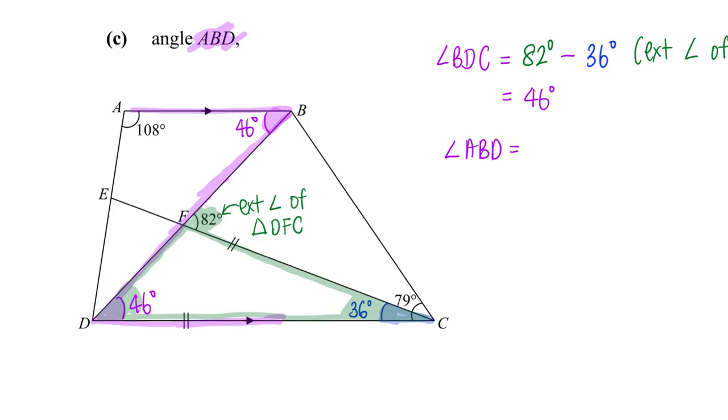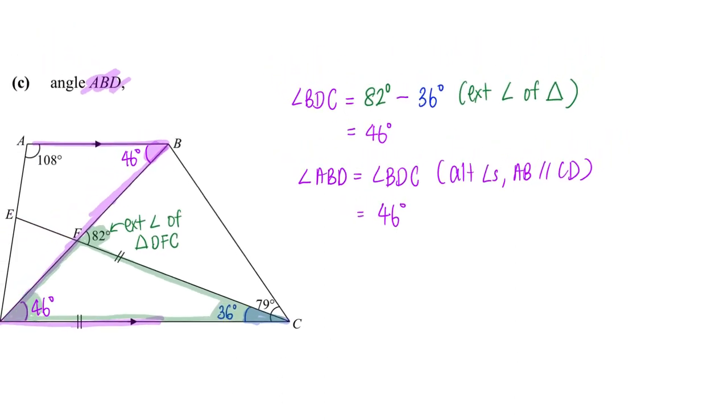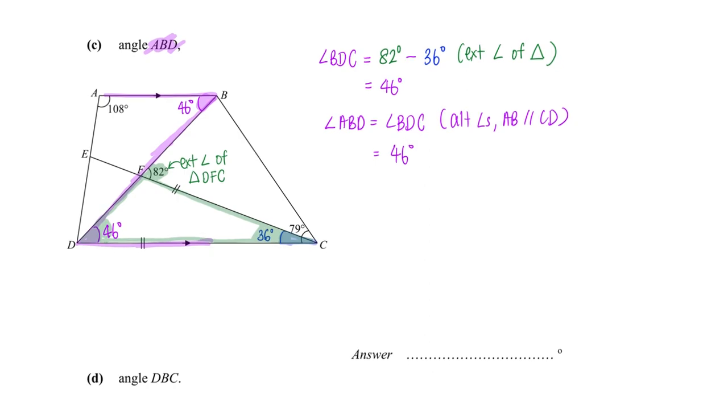So this one is equals to 46 degree, or to make it even better, angle BDC. Why are they equal? They are alternate angles, where AB is parallel to CD. Okay, and we are done with this question.